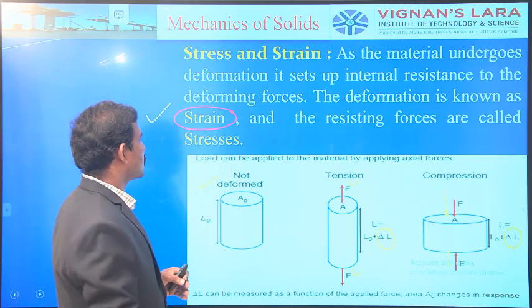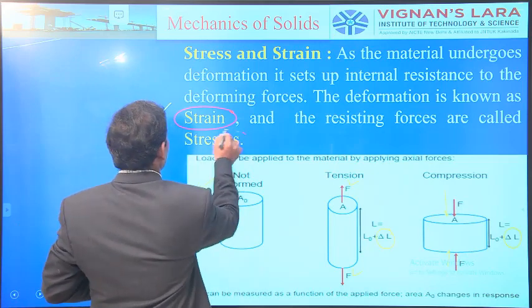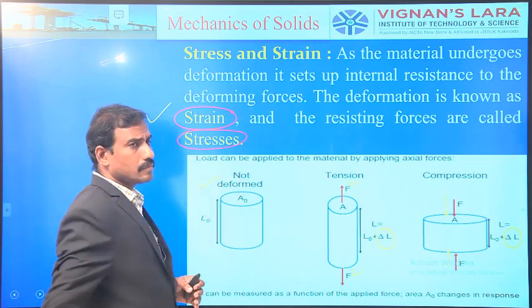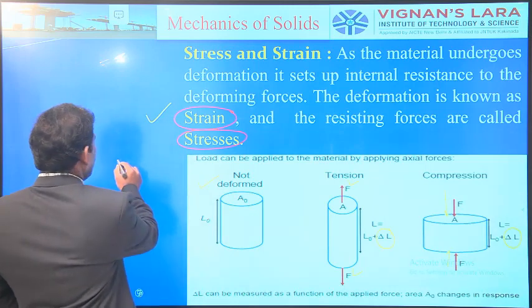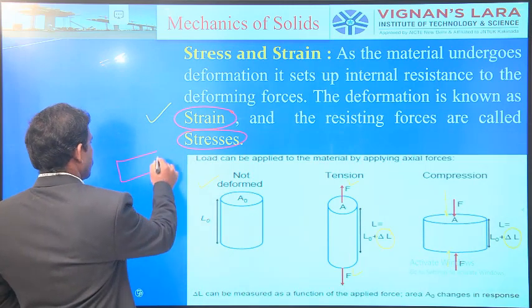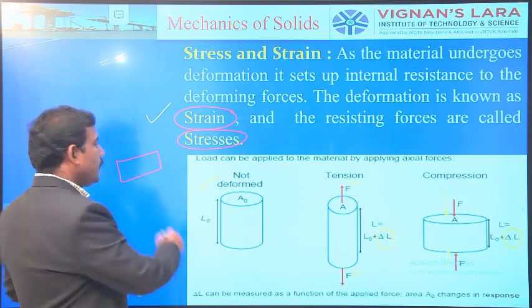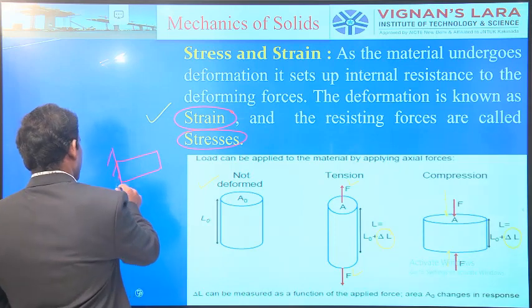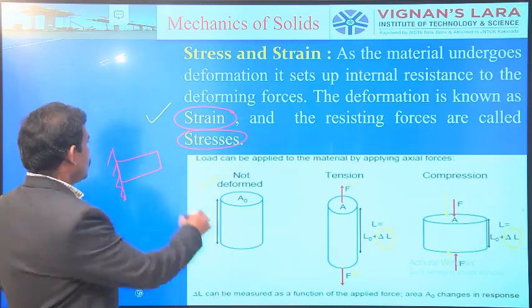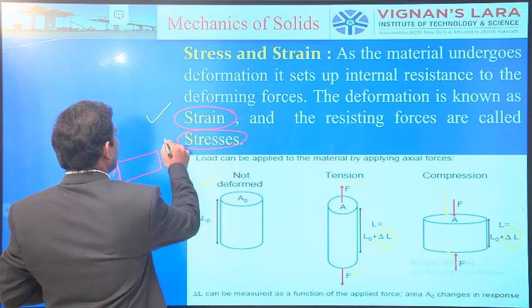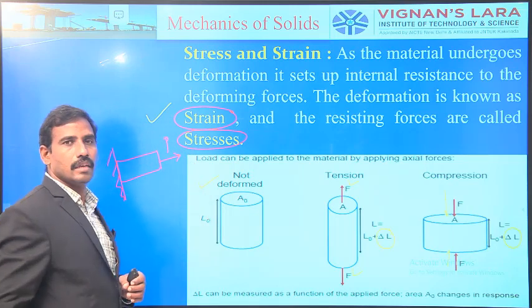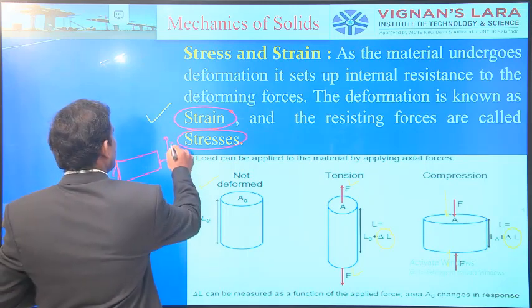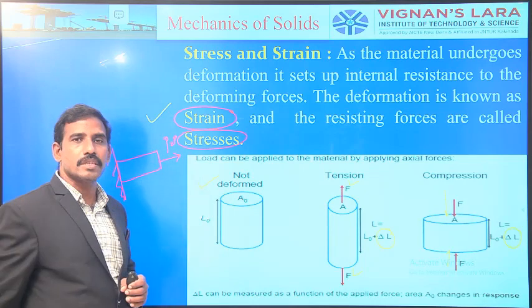That is the first case. Coming to stress, what is stress? Let us consider a body, for example, with one of its ends fixed for our convenience. A force of magnitude P is applied axially. Let P be equal to 10 kilonewton initially.